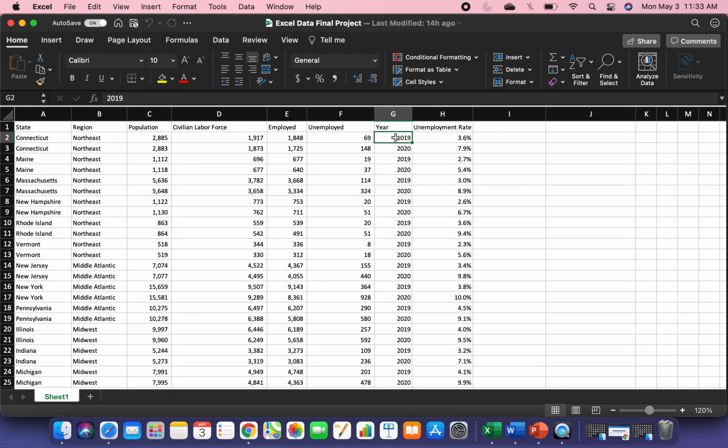So I have it separated by 2019 and 2020, and you can see for each column, for example, Connecticut, this is all of the data for 2019, and in this row right here, this is all of the data for 2020. And in this column right here is the unemployment rates for each state as well.